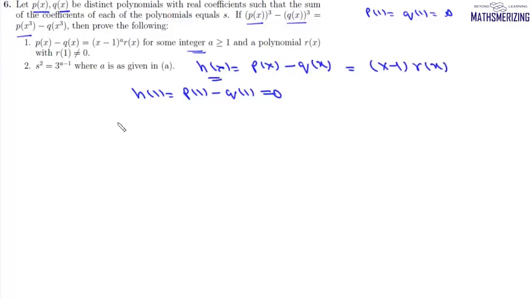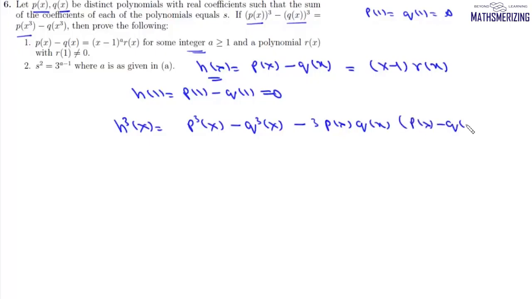Now we find H cube x, which will be P cube x minus Q cube x minus 3 P(x) Q(x) into (P(x) minus Q(x)). Now P cube x minus Q cube x is (P(x)) cube minus (Q(x)) cube. So we can write H cube x as H(x) cube, and then minus 3 P(x) into Q(x) into H(x).